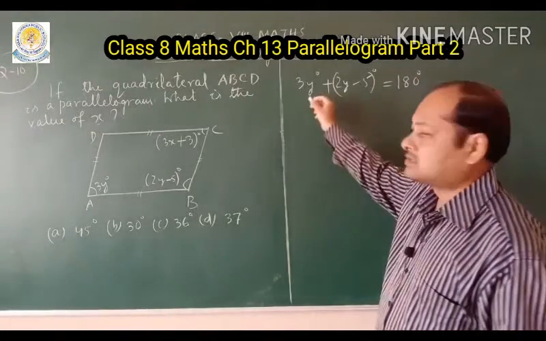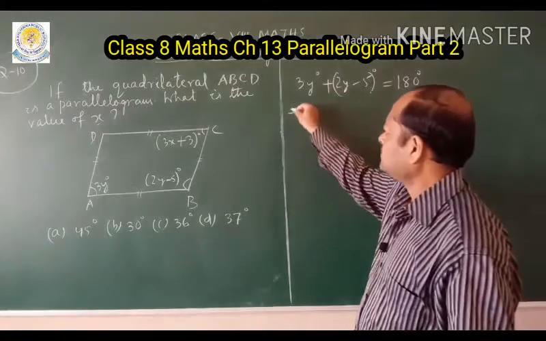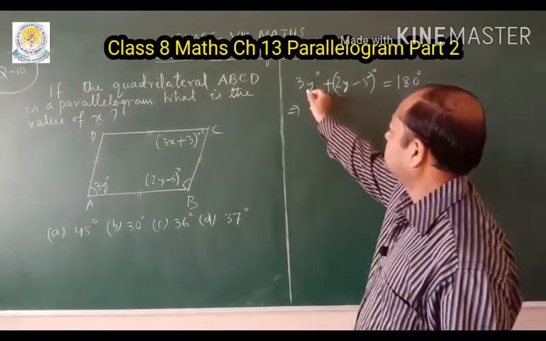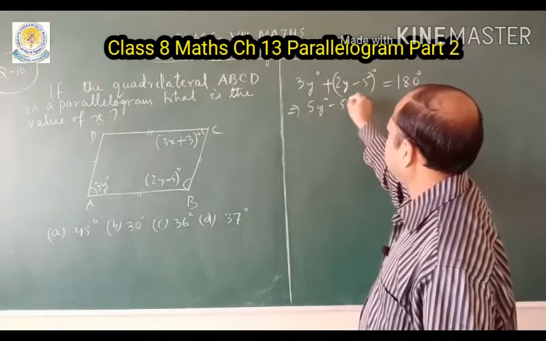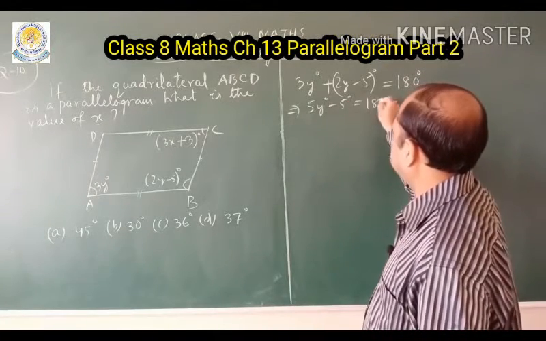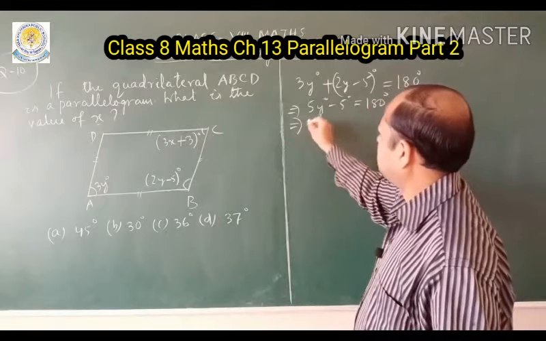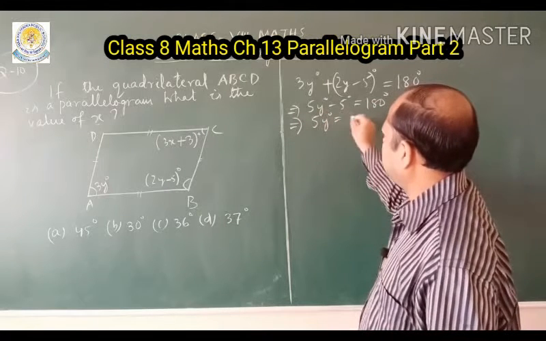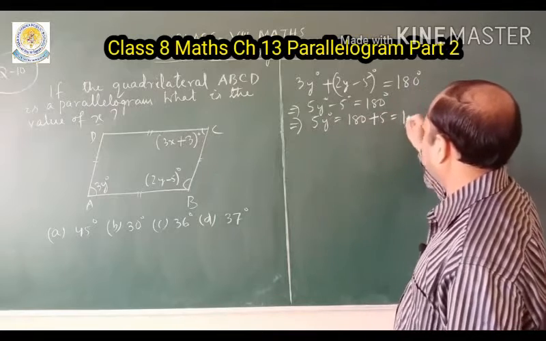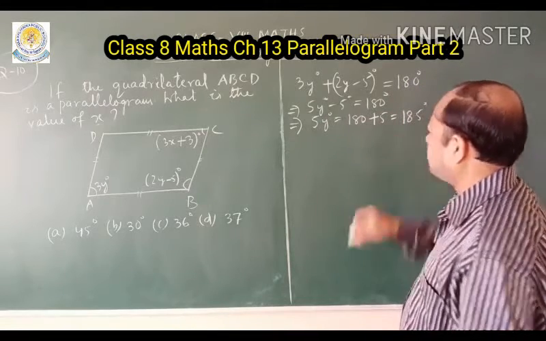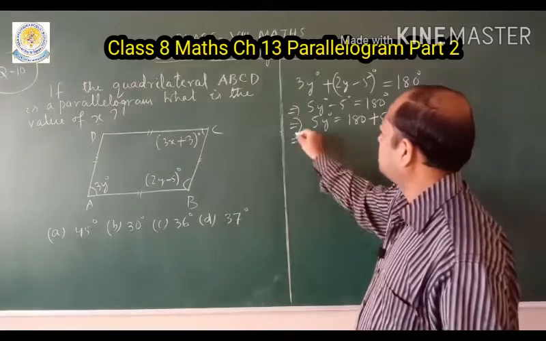From this we have to simplify y. So how much is y? 3y plus 2y is 5y degree minus 5 degree equal to 180 degree, or 5y equal to 180 plus 5, equal to 185 degree.